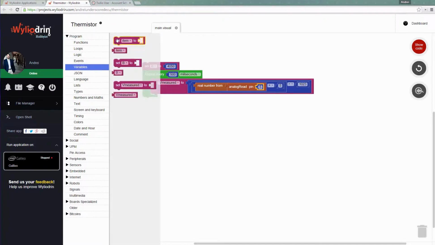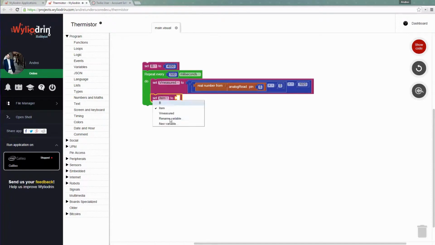We need to add a new variable here, calculating the resistance of the thermistor every half a second. The formula for that is 5 over the voltage that I just measured minus 1, and all of this multiplied by 10,000. So I'm going to add this multiplied by 10,000 here, and then add another block.